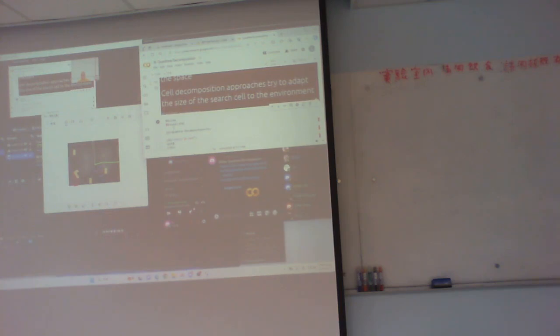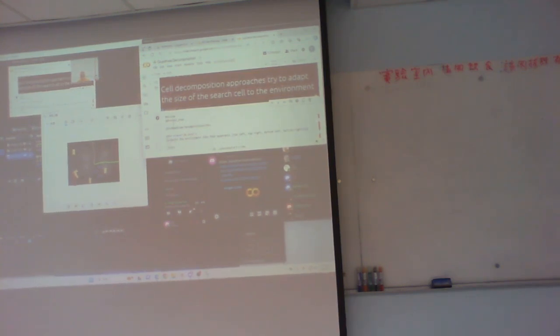So we split the environment into four quadrants: top left, top right, bottom left, bottom right, which is where the quad is, Latin for four, so that's where the quad comes from in quadtree decomposition.